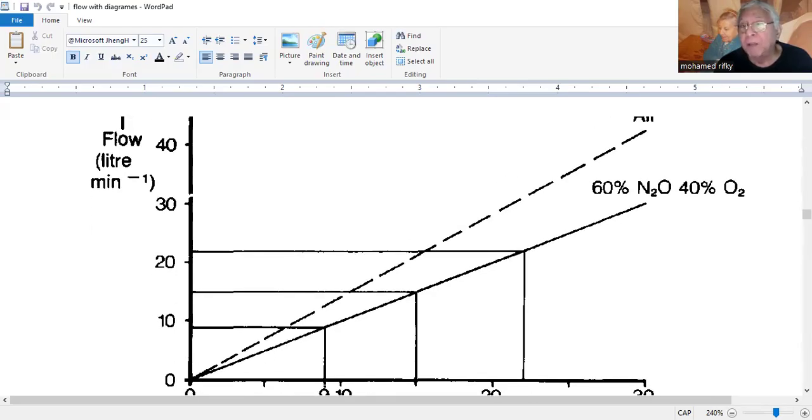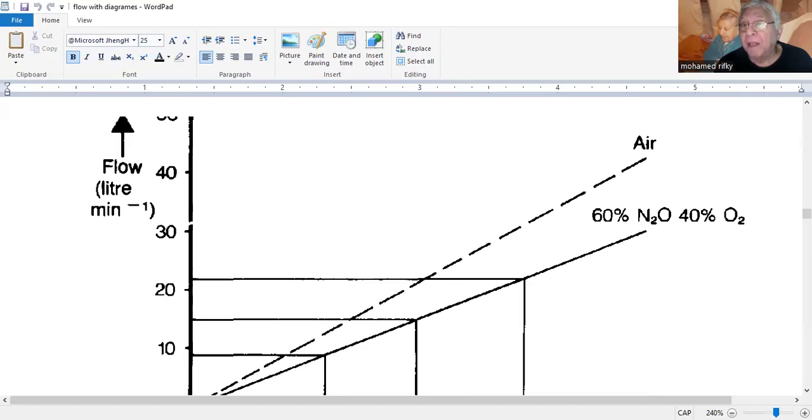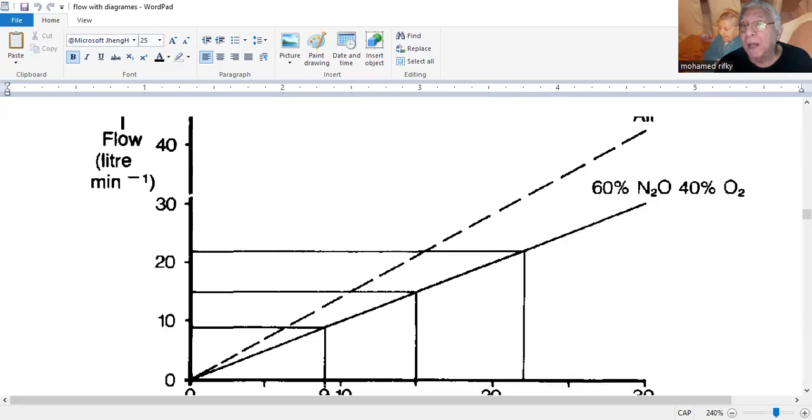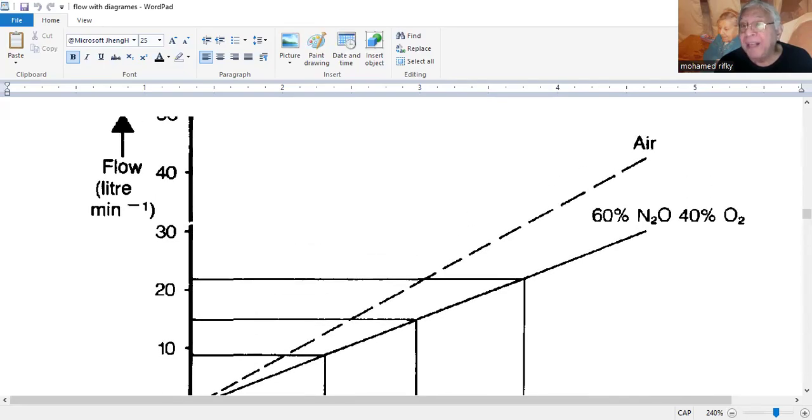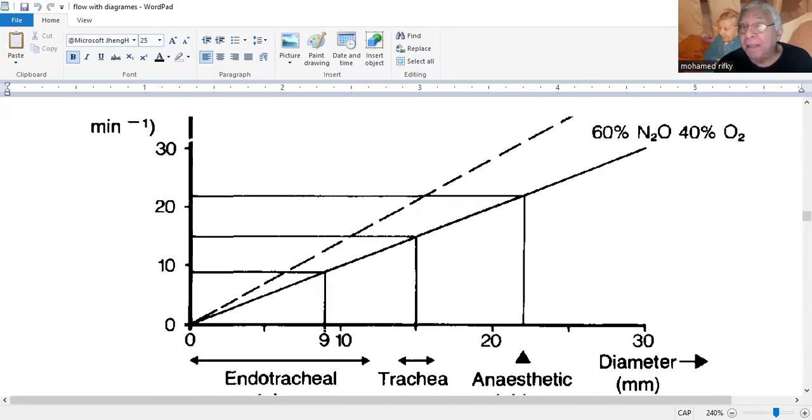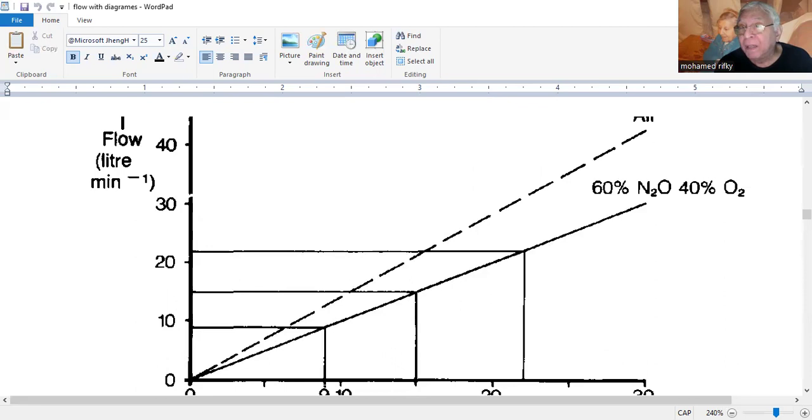Of course, as you can see from the diagram, if I extend the line downwards from the air to the nitrous oxide, we will find that you can increase the flow of air at the same diameter without turbulence.